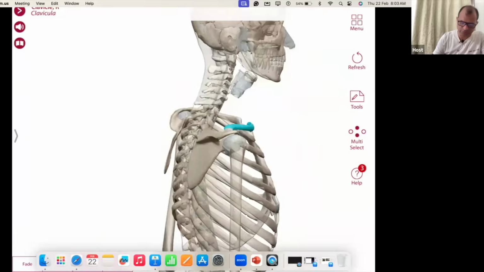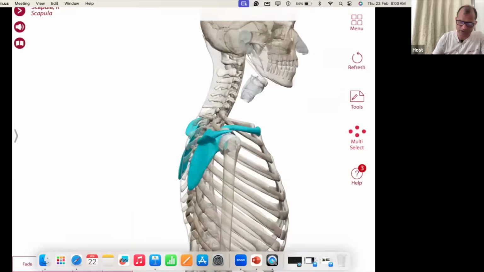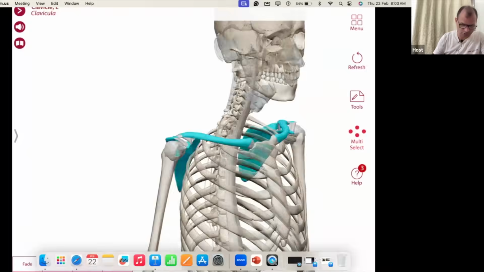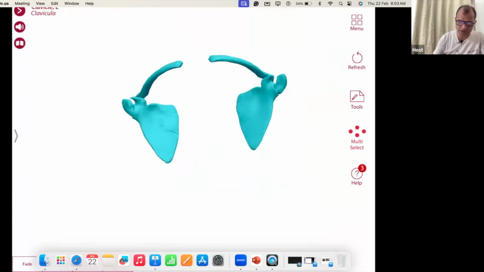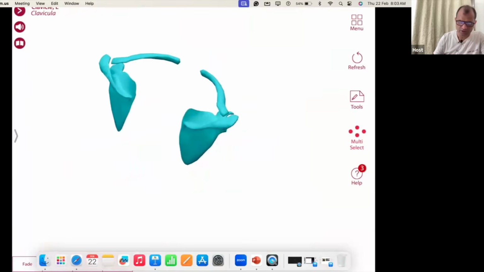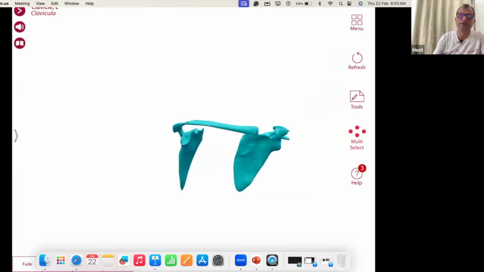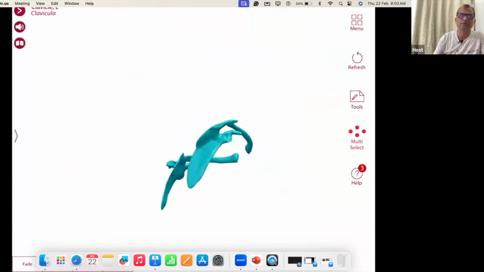So the two scapula and the two clavicle together are called pectoral girdle. So these are the pectoral girdle. Two scapula and two collarbone. एक आगे से और एक पीछे से, दोनों एक दूसरे को स्टेबिलिटी प्रोवाइड कर रहे हैं. So they are providing stability.